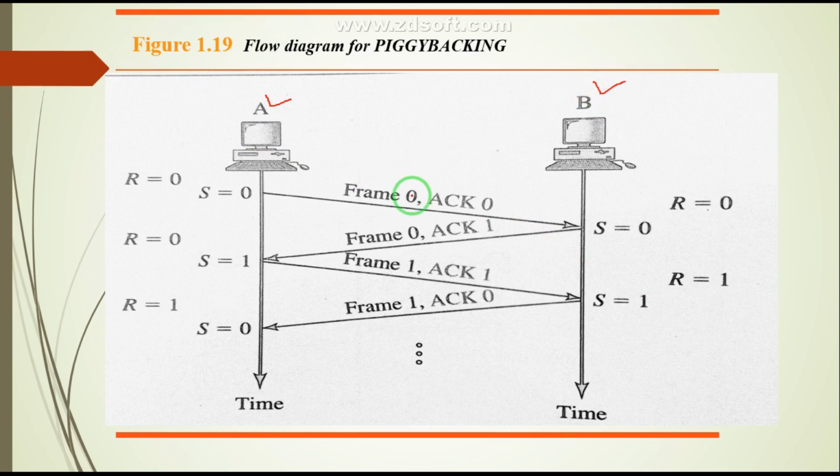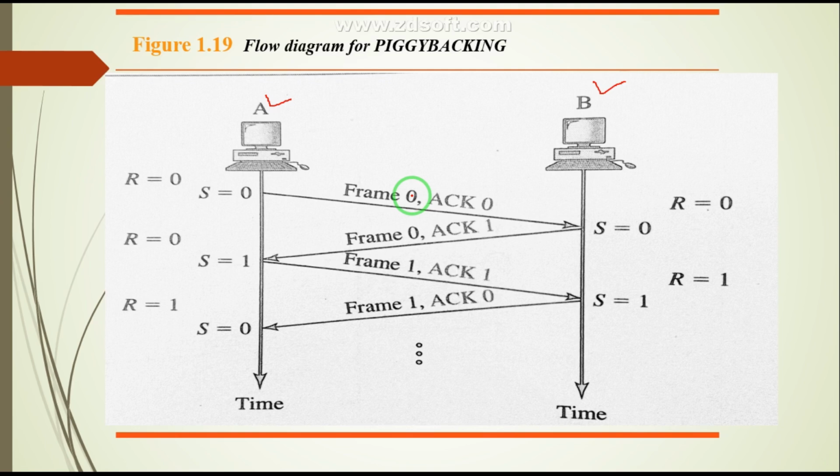Earlier, the example we have seen was unidirectional for the data. But nowadays, it may happen that both the stations have data to send. We are not talking about sender and receiver, we are talking about stations. Station A has data to send as well as it needs to receive. Similarly, B also has data to send and needs to receive from station A.